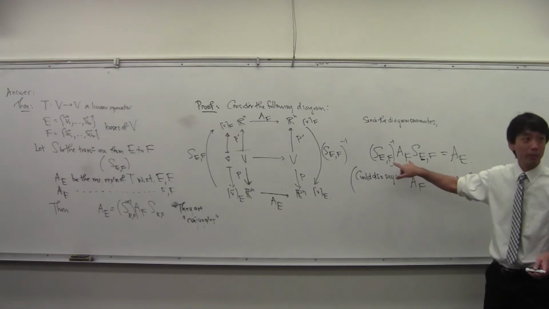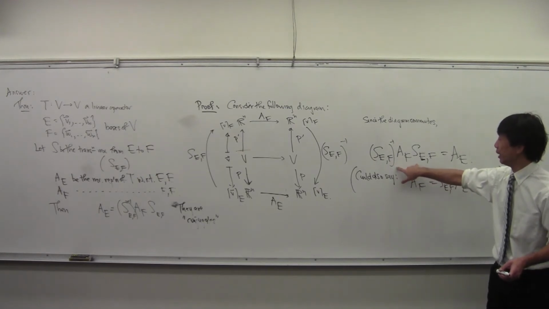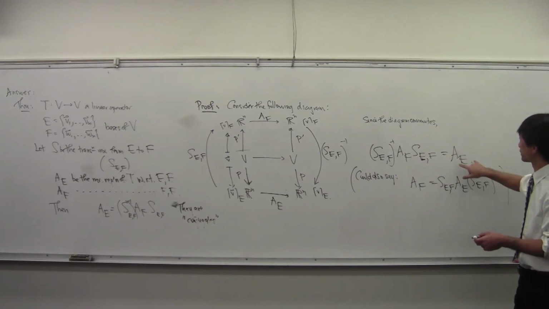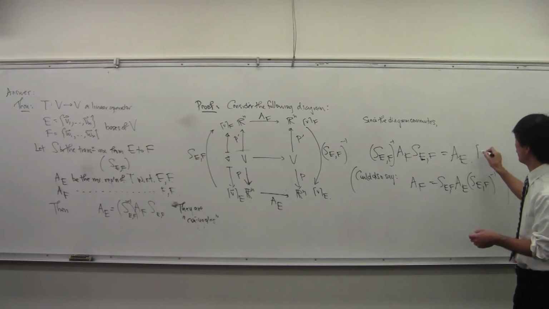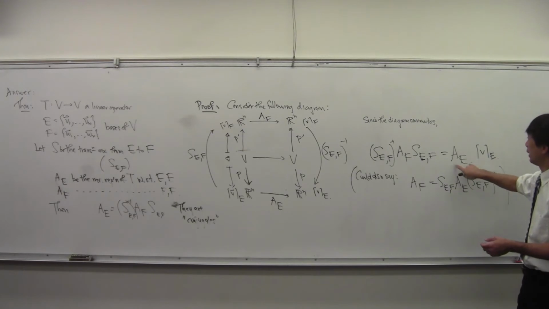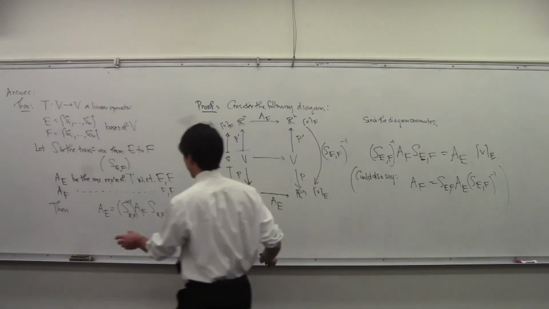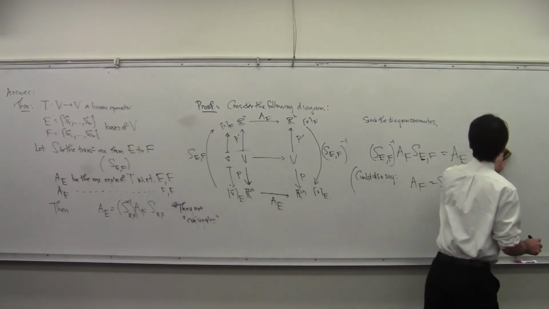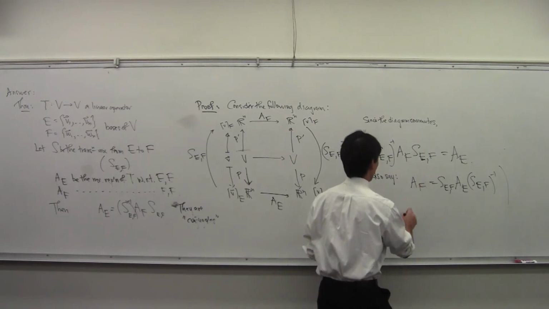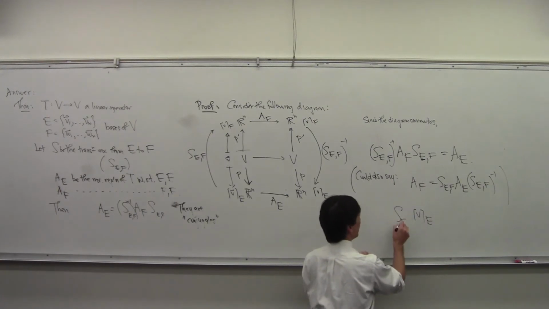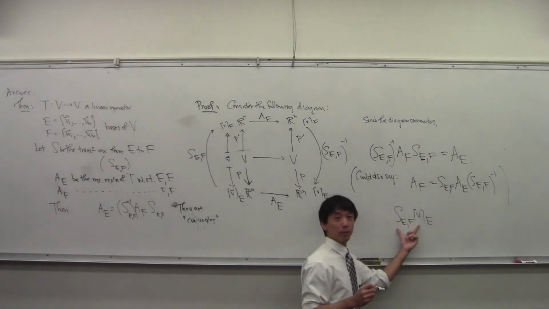So one way of thinking about this, I don't know if this is helpful or not, but if I have the coordinate vector of something with respect to E, and I multiply it by S_EF, well, what does that give me?